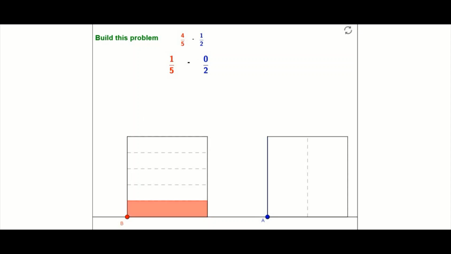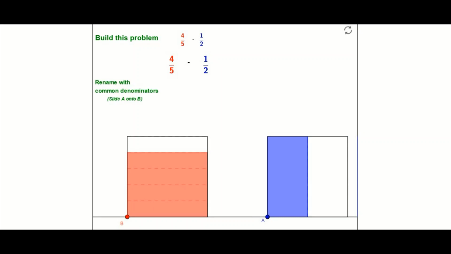So we have 1, 2, 3, 4. Now for the second fraction, we must have 2 equal parts. We already have 2 equal parts, so we just need to shade 1 part out of the 2 equal parts, right? That's it. Now we're going to combine both fractions.